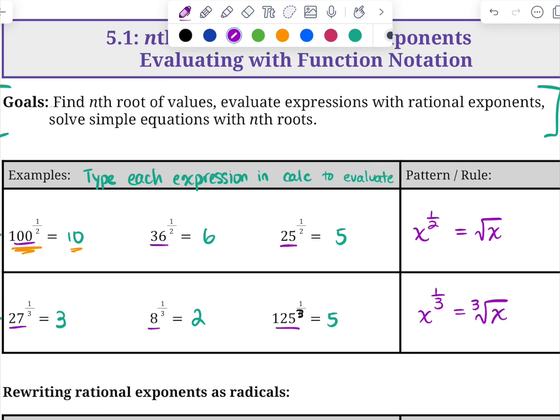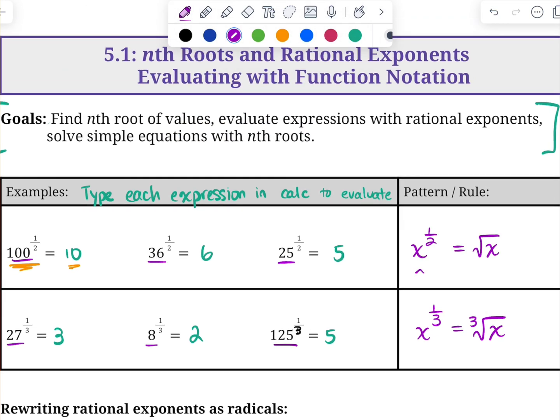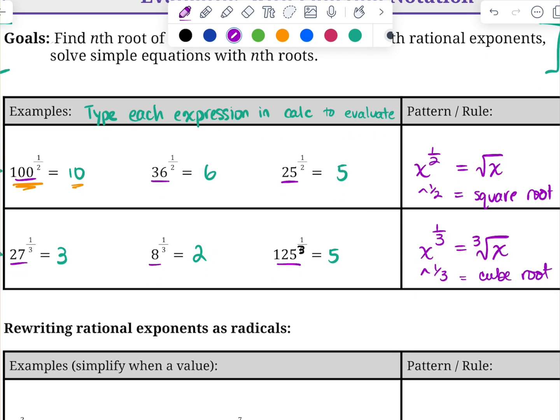Okay? So what we have learned is that taking something to the 1/2 power is equivalent to the square root. Taking something to the 1/3 power is equivalent to the cube root. So to continue that, if I took something to the 1/4 power, that would be the same as the 4th root, and so on and so forth.